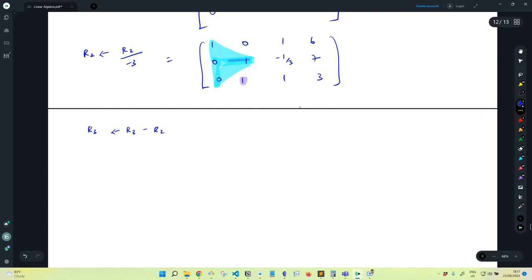R3 equals R3 minus R2. If I apply this operation, then you get 1 0 1 6, 0 1 minus 1 by 3 7, 0 0, 1 plus 1 by 3 will be 4 by 3, 3 minus 7 will be minus 4.